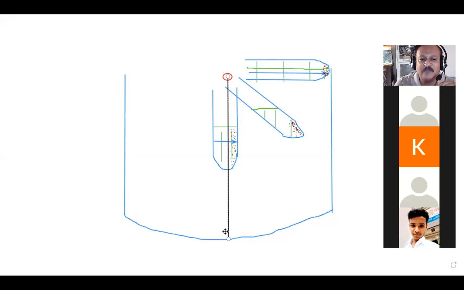The shaft is inside, so this is the shaft on which the rotor is actually placed. So where is the chance of the rotor falling off?